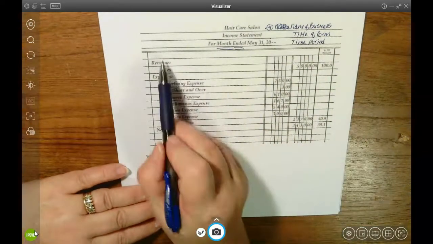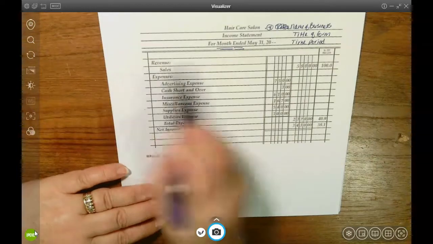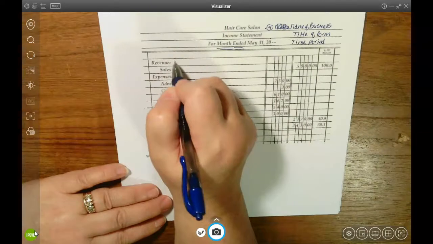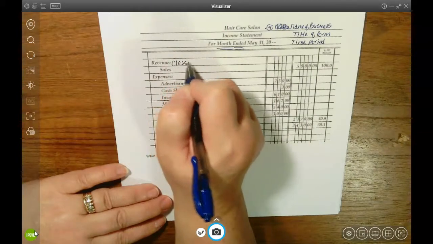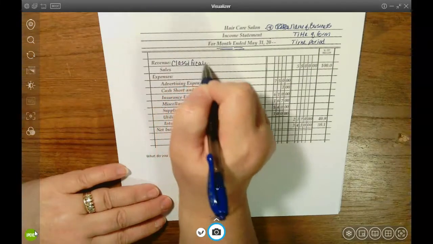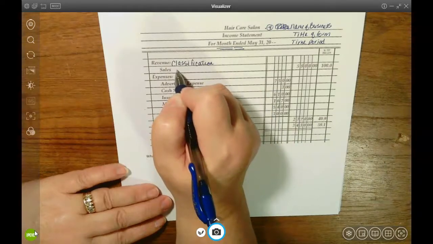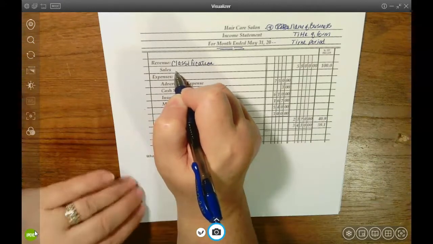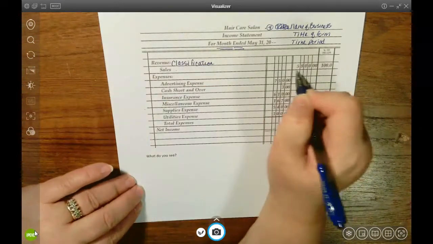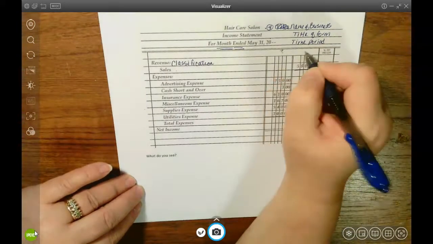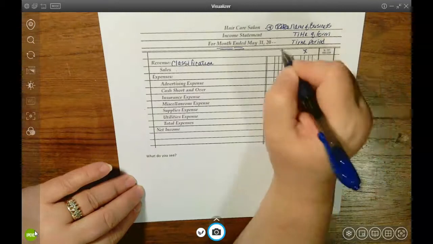As you can see, revenue, if you go over, there is nothing there. So this is the classification that is written first, and then any accounts that the business had for sales, because some companies have more than one, would be written here, and then the amount is written here. As you notice, there is no debit and credit written at all.